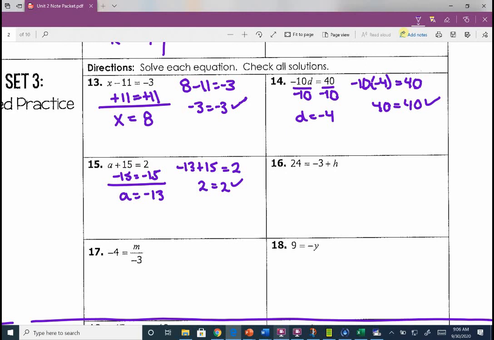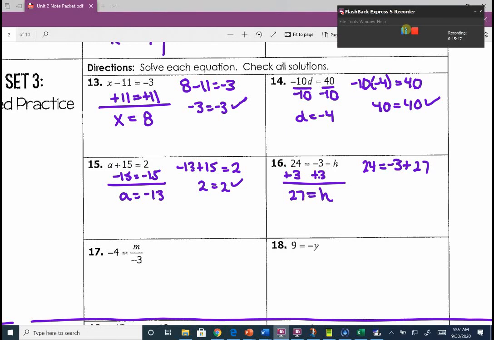So we have 27 equals h. To check, 24 equals -3 plus 27, that also equals 24.